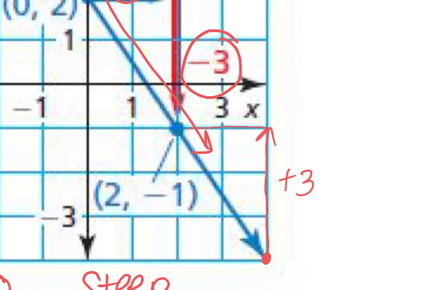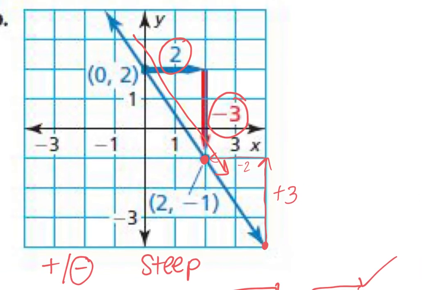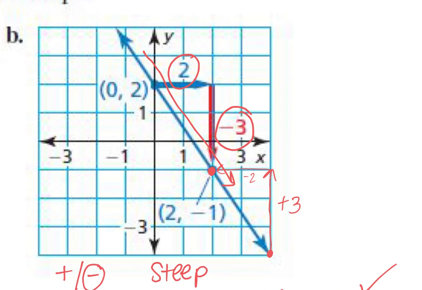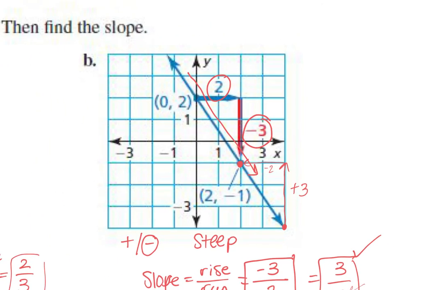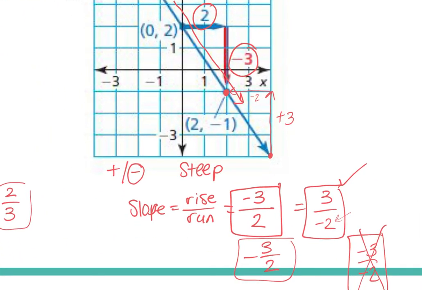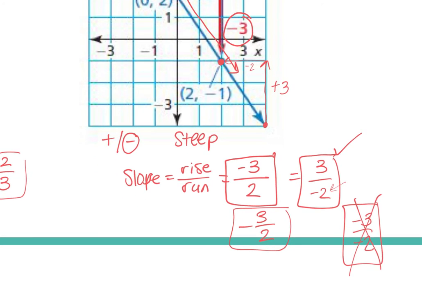Are we still on our graph? Yes. So you can move either direction. Make sure you understand that -3/2 is the same as 3/2, which is the same as -3 divided by 2.